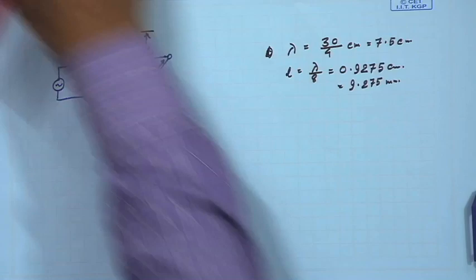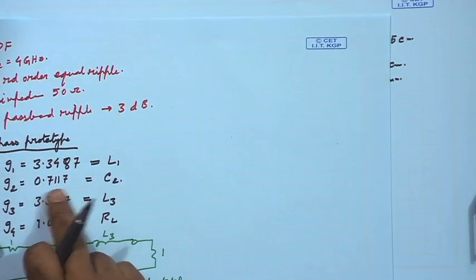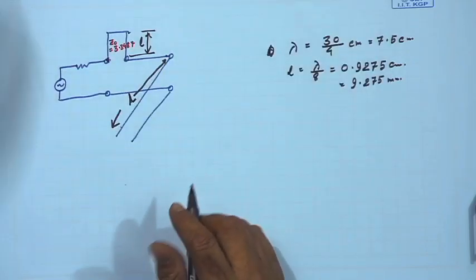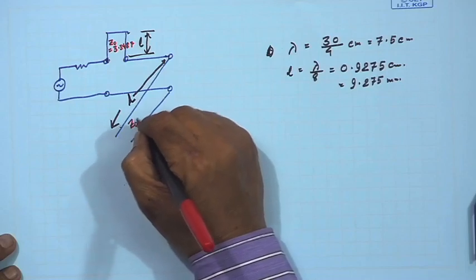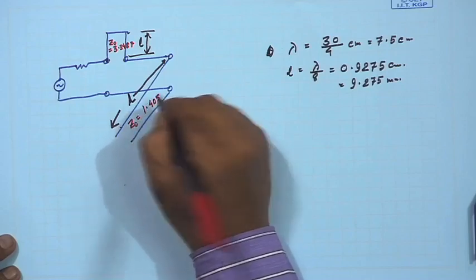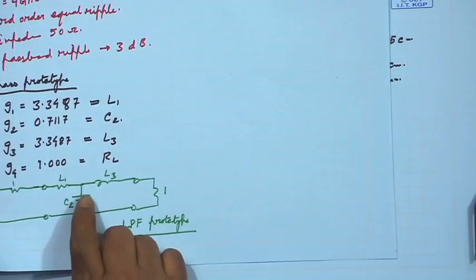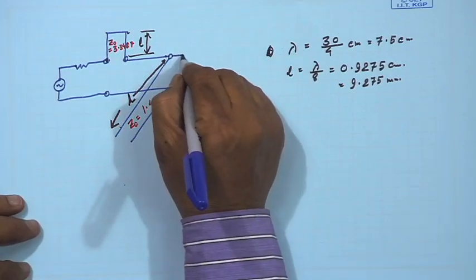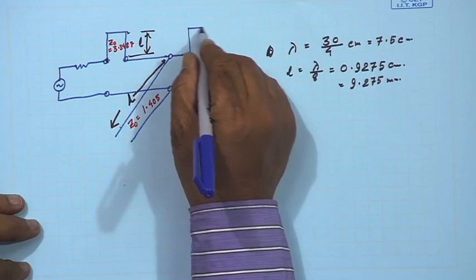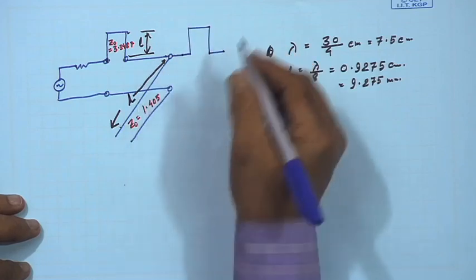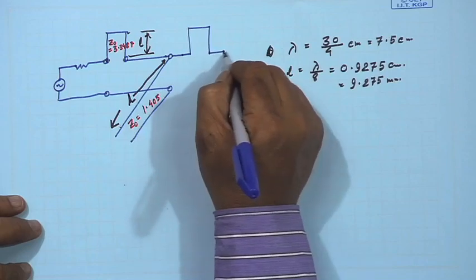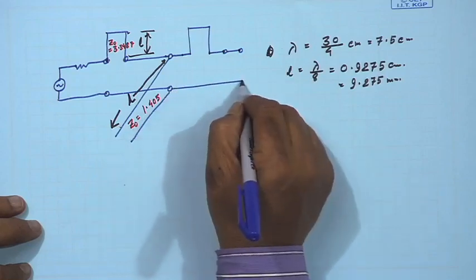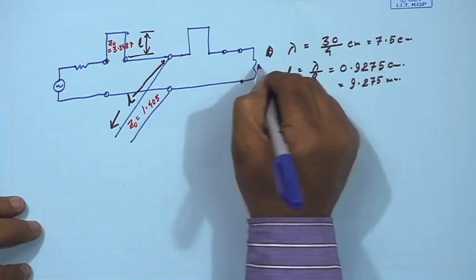And what is the characteristic impedance of this? C2, this is G2, the C2 value is 0.7117, we will have to take the inverse of that. So, that will become Z naught equal to 1.405. After C2, I have a series stub, and then shorted because it is an inductance. And then from there this is a resistance of 1 ohm.